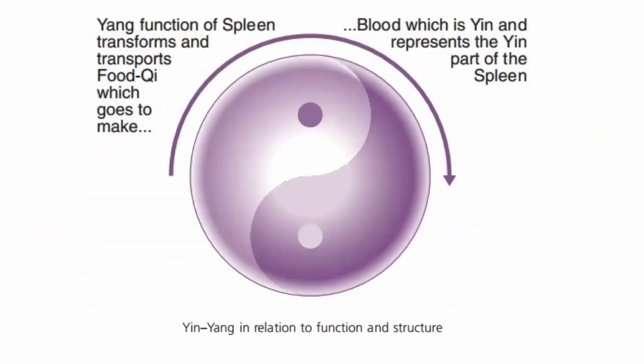Here is an illustration showing the yin relation to function and structure, particularly in the spleen. Yang function of spleen: transform and transport food qi, which goes to make blood, which is yin and represents the yin part of the spleen.